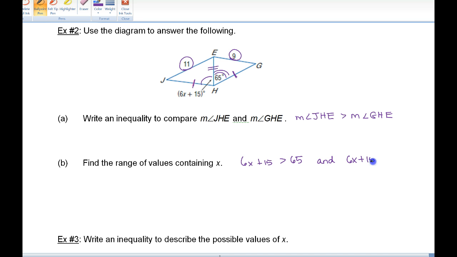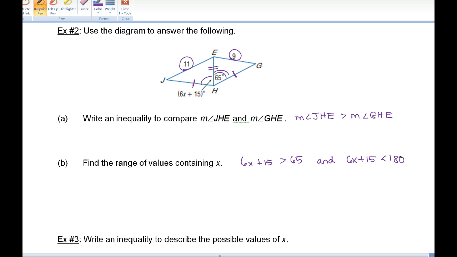Remember I told you that whenever you work with angles, you're either going to have to make sure it stays greater than 0 or less than 180. If it's greater than 65, isn't it automatically greater than 0? Yeah. So we just have to make sure it doesn't get too big. Make sense? So we have to add the restriction with 180.